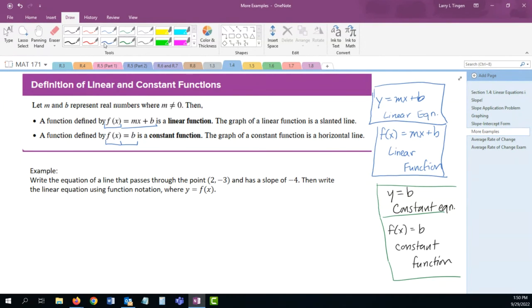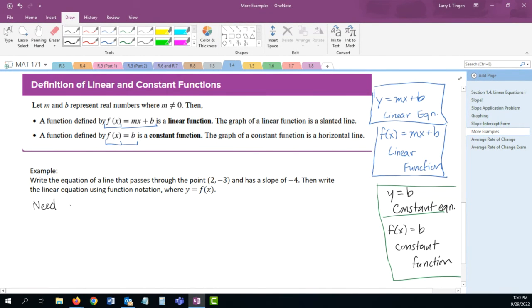So, good. So let's deal with this problem. Here we go. To write a linear equation, and anytime you're told to find the linear equation, it's always understood that you're going to write it in slope-intercept form, just like Andrew did in the comments there.